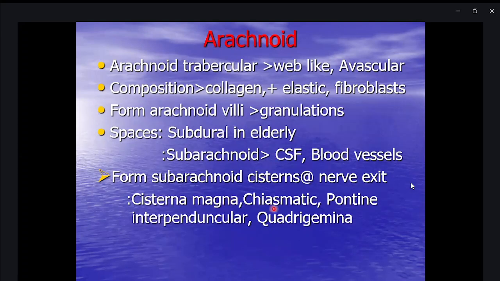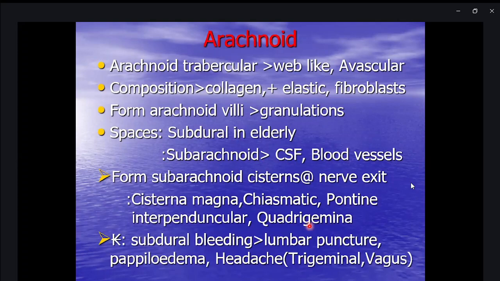At the area of the optic chiasma, we have the chiasmatic cistern. At the area of the pons, we have the pontine cistern. Between the peduncles, we have the interpeduncular cistern. In the midbrain, where we have the superior and inferior colliculi, we have the quadrigeminal cistern. So these are large pools of cerebrospinal fluid, mainly for the protection of the brain.